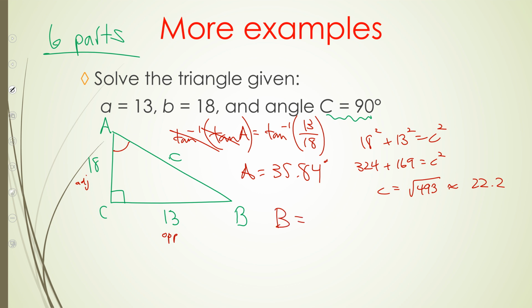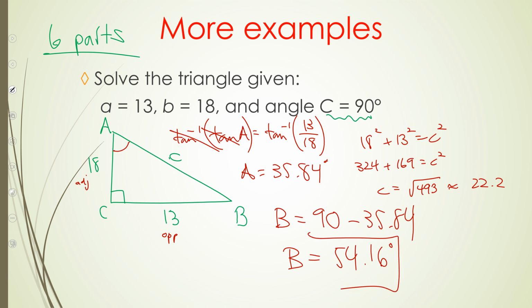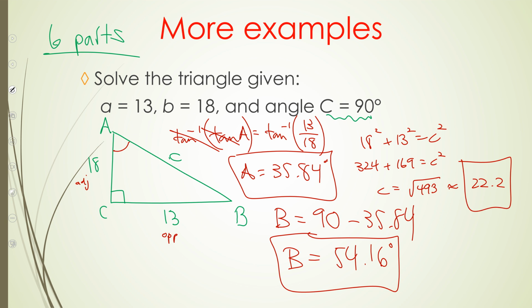Angle B is equal to 90 minus 35.84, which would be B is equal to 54.16. Did I do that right? Yeah. Okay. 1, 2, 3, 4, 5, 6. I've got all 6 pieces.